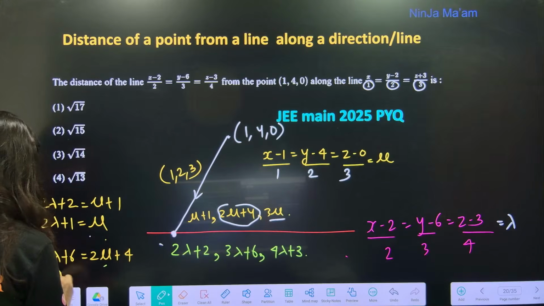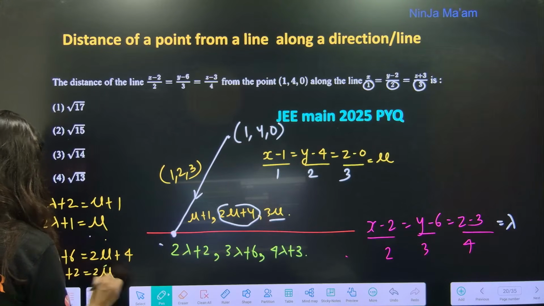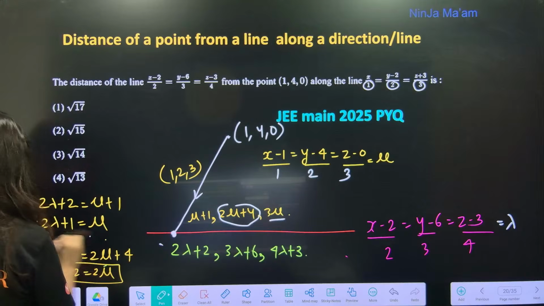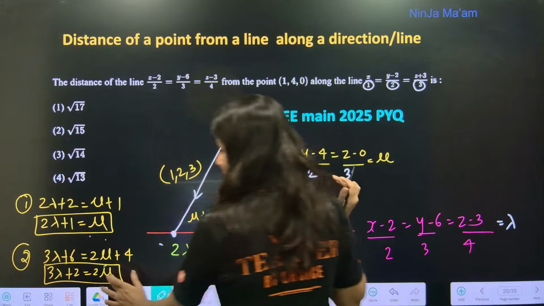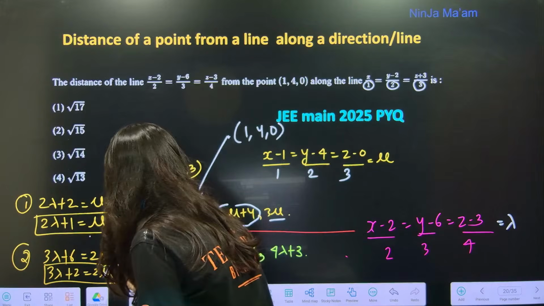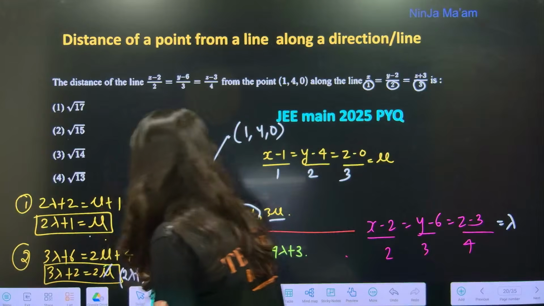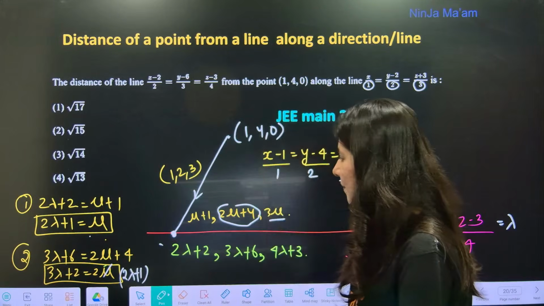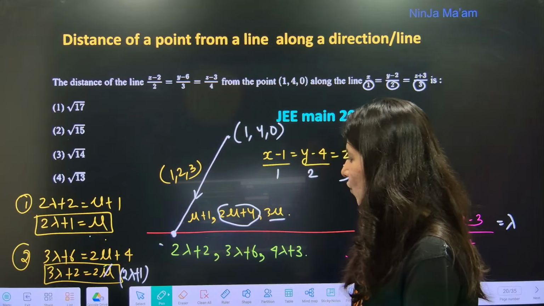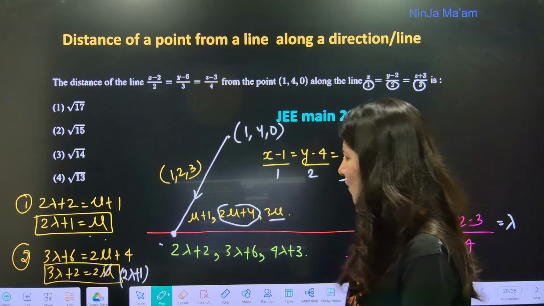So 3 lambda plus 2 is equal to 2 mu. Now compare. If you remove mu, it will be 2 lambda plus 1, and just solve this to get the value of lambda. So 3 lambda plus 2 will be equal to 4 lambda plus 2. So lambda is coming out as 0.